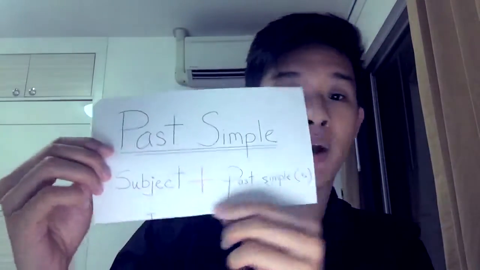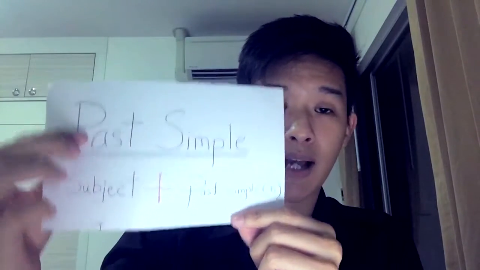For example, I is a subject. I ran. It's something that happened in the past. I ran. I slept. I walked. I drank. I played. So the formulation is always a subject with a past simple verb for the past simple tense.